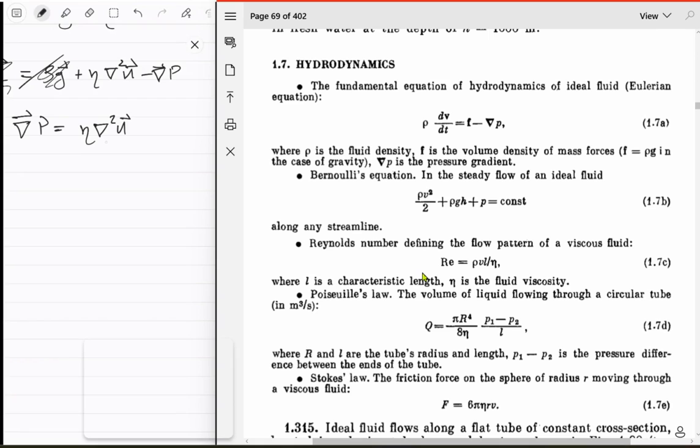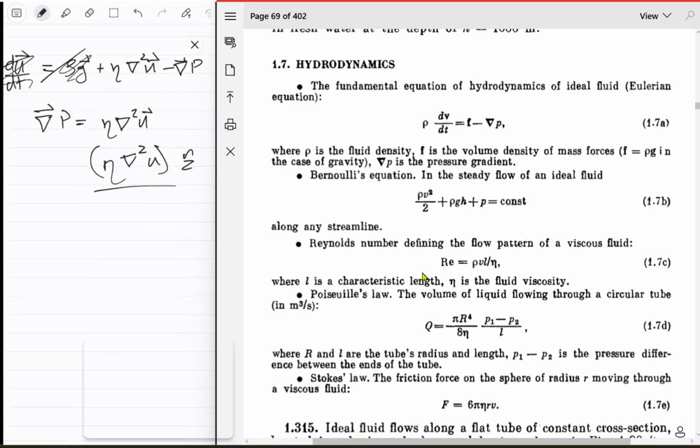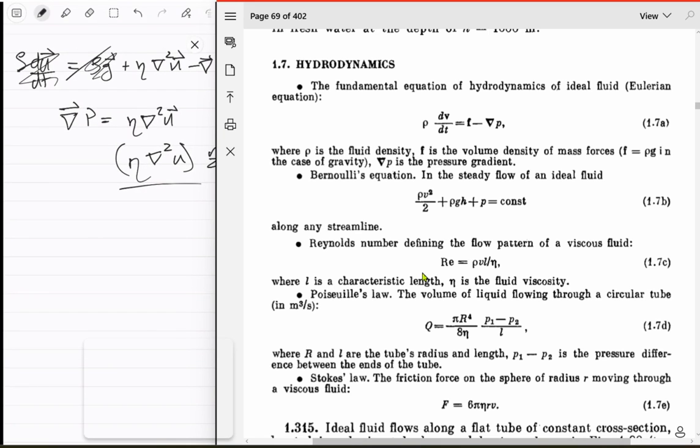So you can think of it like eta del squared u and then all of that times z hat, right? That makes sense. So this is just a scalar and it's along the z hat direction, but what that means is that there is no xy component. So the gradient of p in the xy plane is 0, right? There's a gradient along the z hat direction, but not along the xy direction.